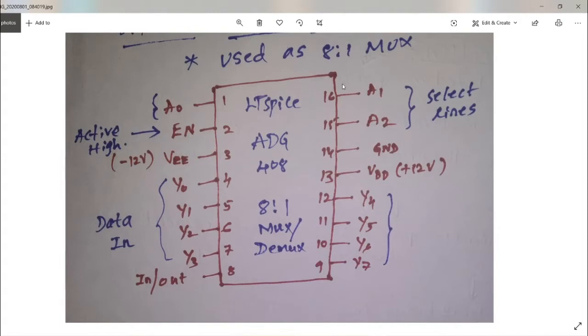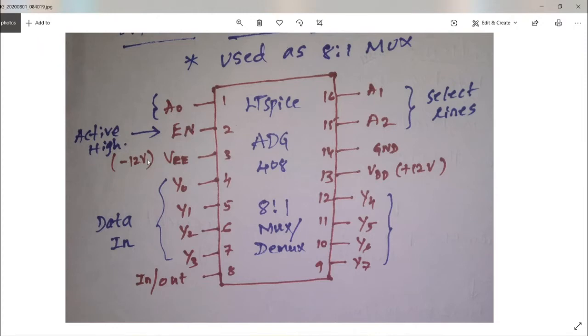It is a 16 pin IC where A0, A1, A2 are the select lines. And this is the active high enable pin which should be connected to high voltage or plus 12 volts.